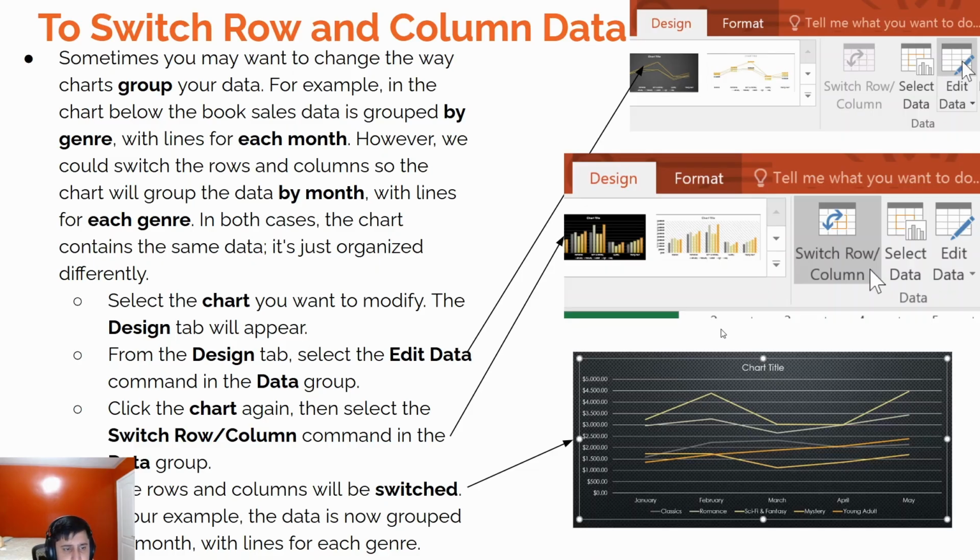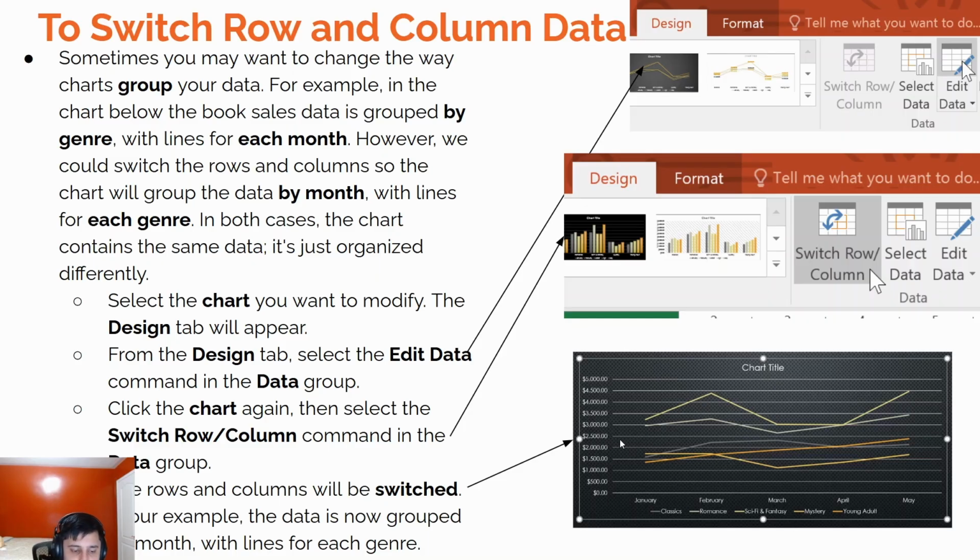To do this, we select the chart we want to modify, then we open the Design tab. Then from the Design tab, we can select the Edit Data command in the command group, and we click the chart again, and we click Switch Row or Column. And the columns and rows will be switched.